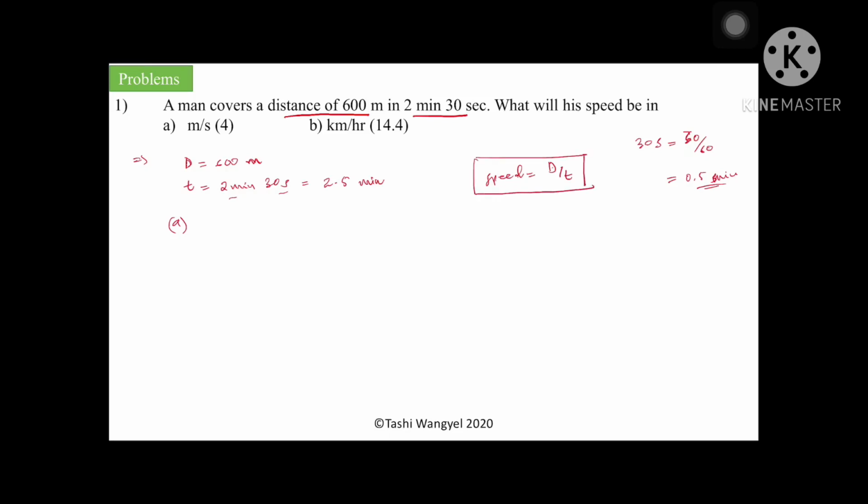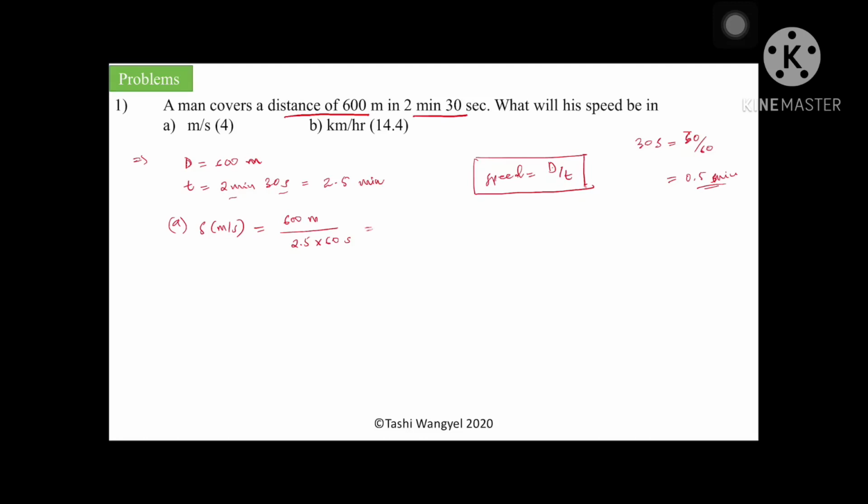The distance is 600 meters and the time is 2.5 minutes, which must be converted to seconds.